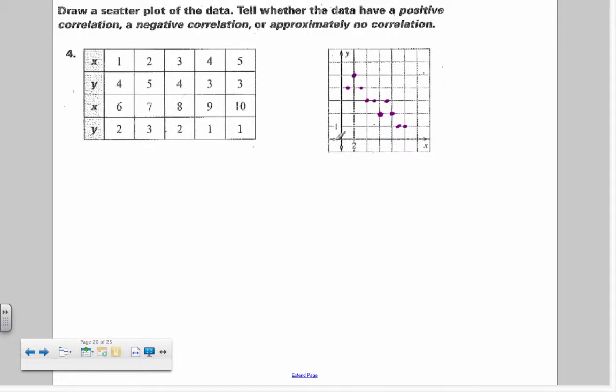A negative correlation is like a negative sloping line where your data is going to start at the top and go down or fall from left to right. And then no correlation is just going to have a bunch of random scattered plots that we can't really tell if it's really going up or going down. So we look at our data here, our data is kind of sloping downward or falling downward. So we would call that a negative correlation.